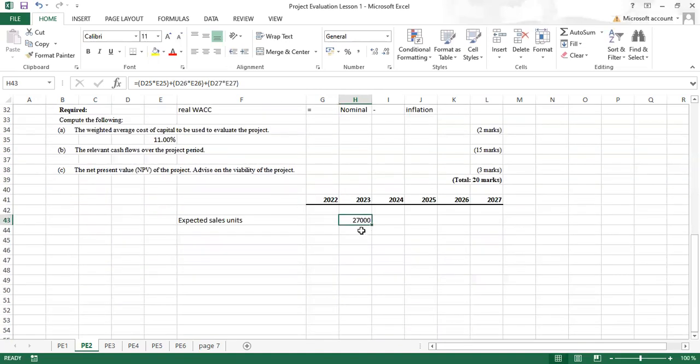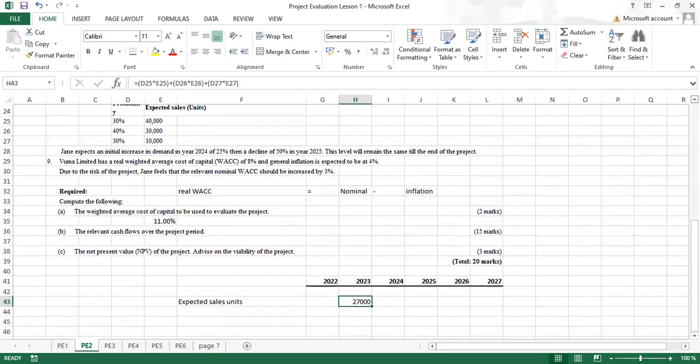So we have found it to be 27,000. That's the expected sales units.